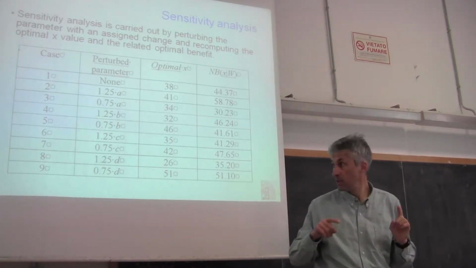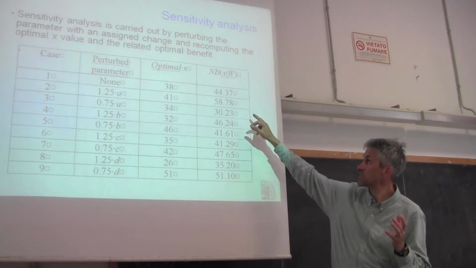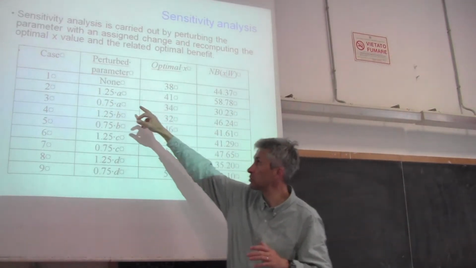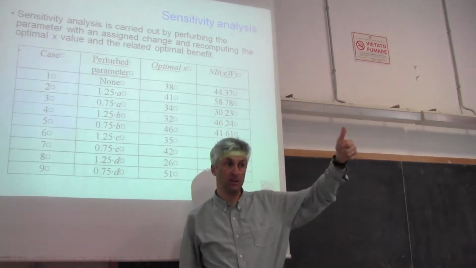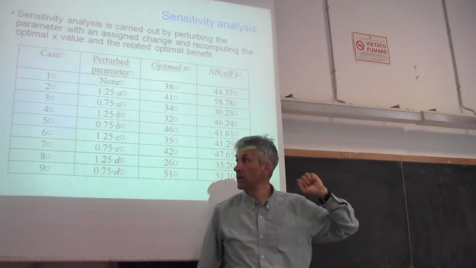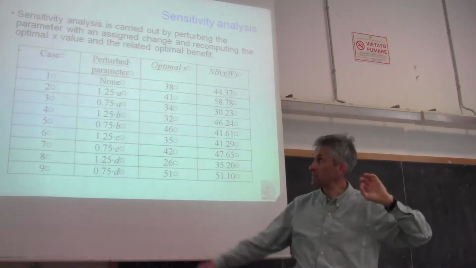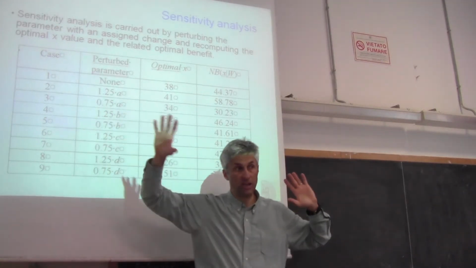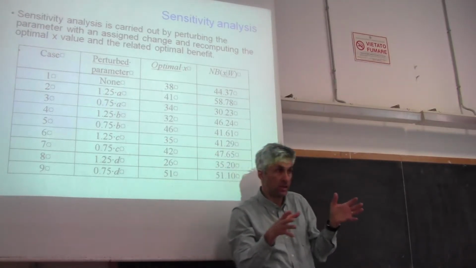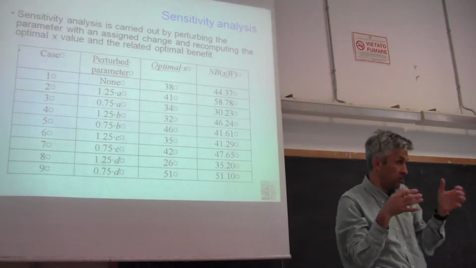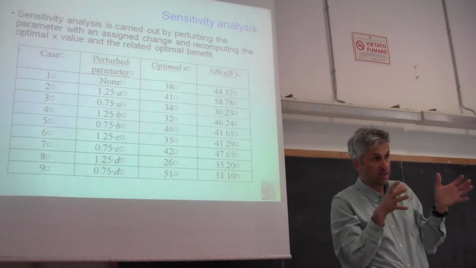Let's see, for instance, the case where I perturb A 25% higher. Given that this is not the true value of A, the true value, what I assume to be true, is my best estimate.